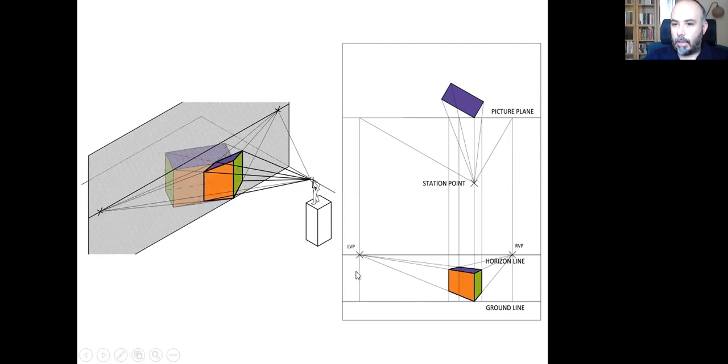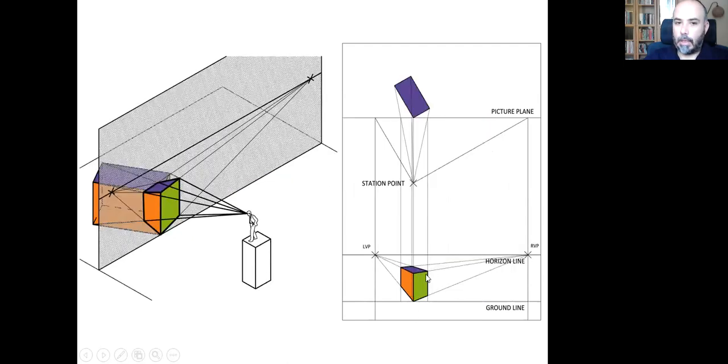And here you see, with this change of position, he is now seeing a larger portion of the orange surface and a smaller portion of the green surface. That's the main difference between the two positions. And we can say that, yeah, this is the new one, and this was the first one we did.